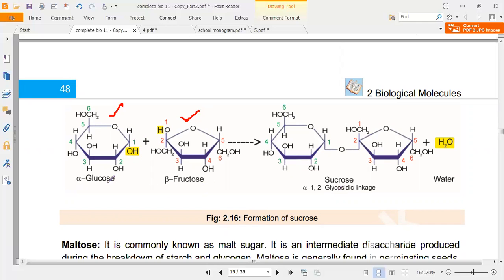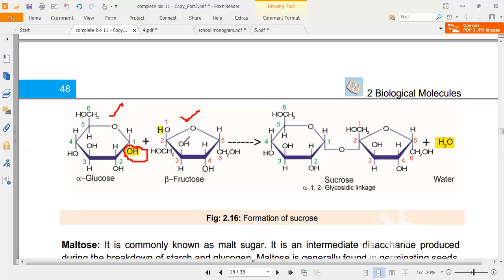Alpha means the hydroxyl group on the first carbon is in the downward orientation. This is called alpha glucose.